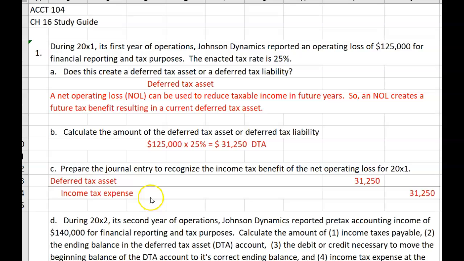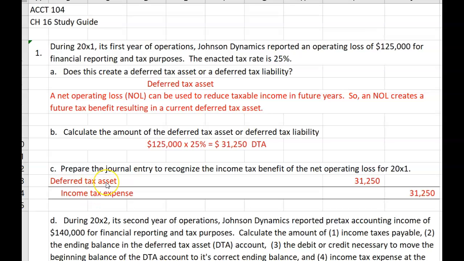As stated many times in my previous instructor video lectures for Chapter 16, and as stated in the textbook, income tax expense is a plug number. It's a combination of the amount necessary to move the deferred tax asset or the deferred tax liability from its beginning balance to its ending balance, and that could be either a debit or a credit, and the credit balance in income taxes payable.